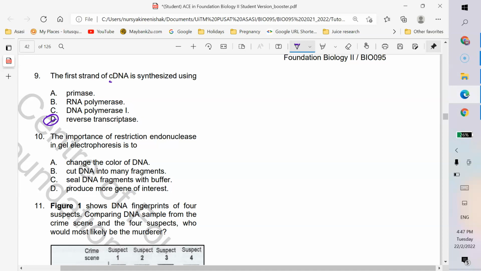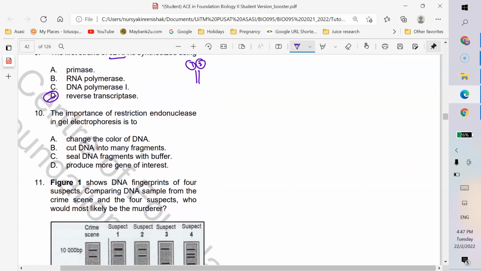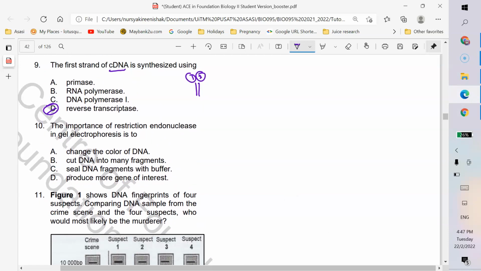So cDNA, how many strands does it have? Two. It is double stranded because it is DNA. The first strand is synthesized using reverse transcriptase. The second strand is synthesized using DNA polymerase. Okay, so number 10. The next person please.